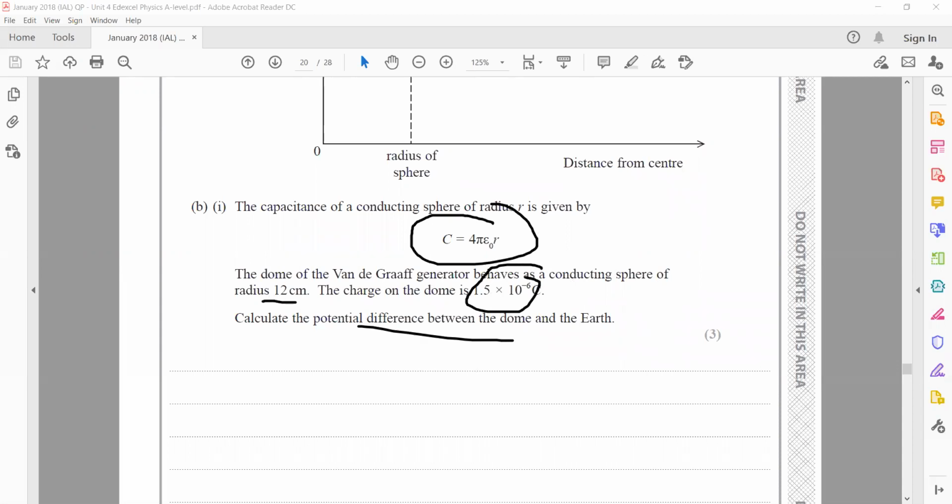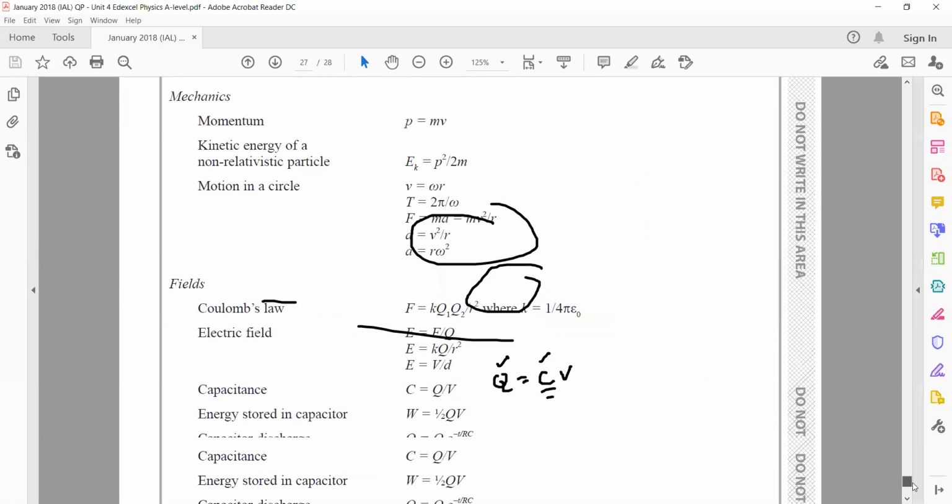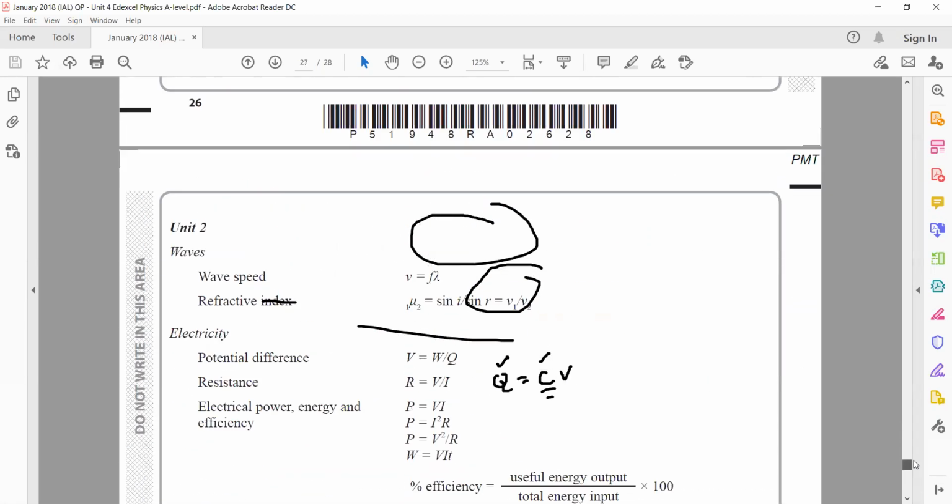So using the formula Q equals CV, the charge is given, but how do we find the capacitance? The formula is given for the capacitance, that's 4 pi epsilon r. The value of epsilon, what value will you take? You can check the constants at the last.